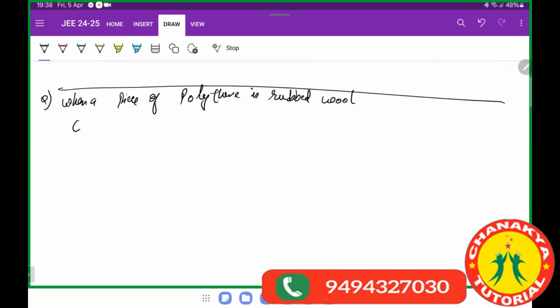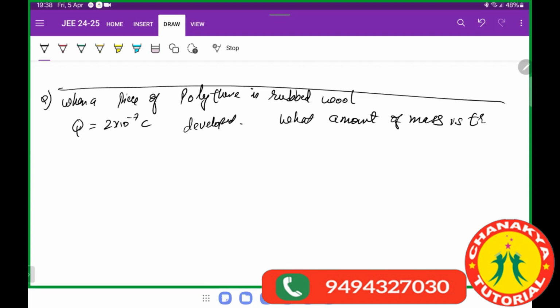So a charge of 2 into 10 to the power minus 7 coulomb is developed. What amount of mass is transferred to polythene?